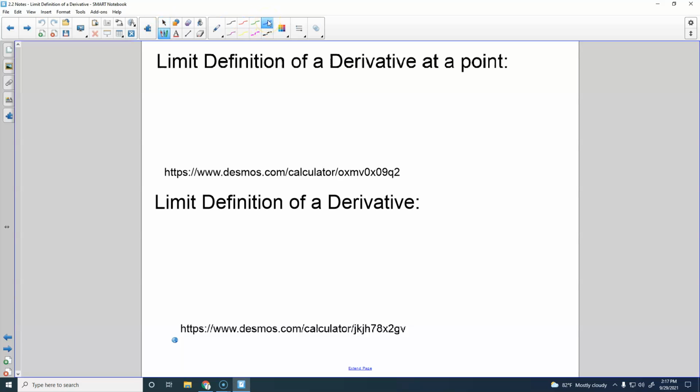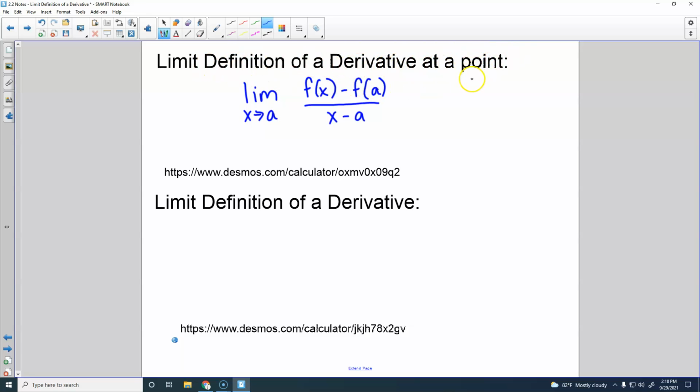Okay. So yesterday we did the limit as x approaches a of f of x minus f of a all over x minus a. That is what we were using for all of these homework problems that we put up on the board. A is an x coordinate. So this is the limit definition for a derivative at a point.